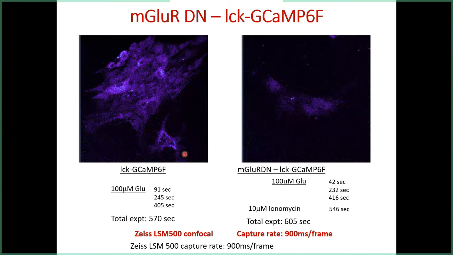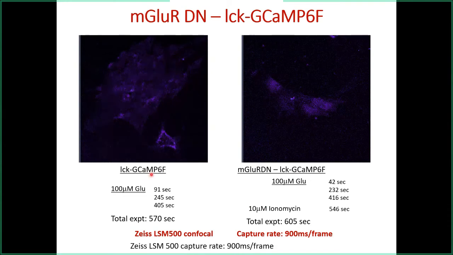Here we can see that these are control astrocytes just expressing the GCaMP6F. The addition of glutamate will cause elevation of calcium easily. I'll wait for the movie to stop. Okay.